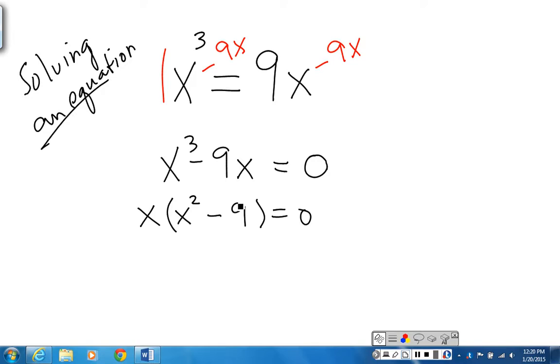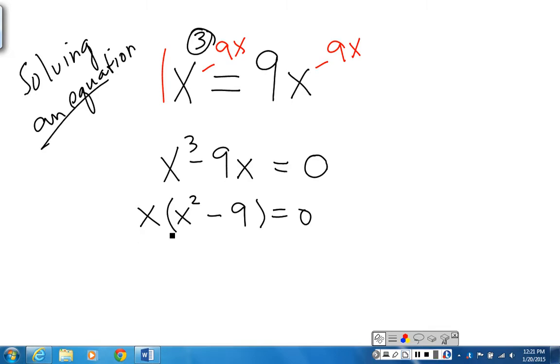So how many answers do you think we're supposed to have in this particular problem? So if you said 3, you are correct, right? Because the degree is 3 here, as you can see. The degree is 3.